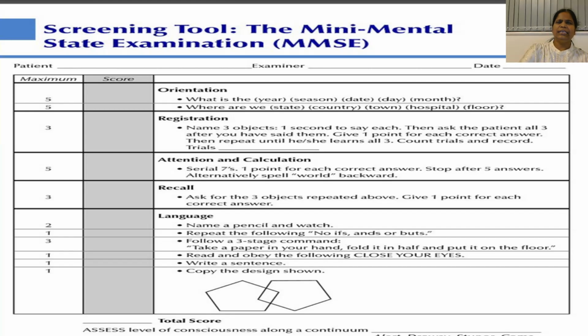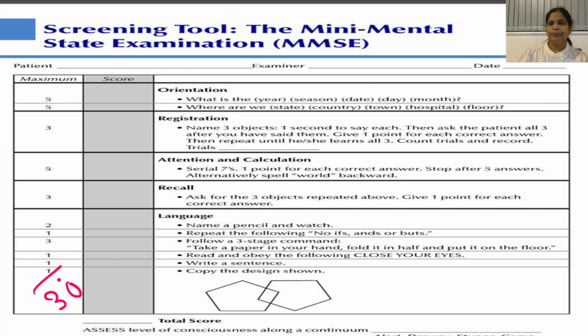So here we see this screening tool. Under that we have different areas that we are supposed to assess, and we have a maximum score of 30. You can add them up, the sum of the scores given here for each aspect is 30, and according to the score the patient gets, we can categorize them.